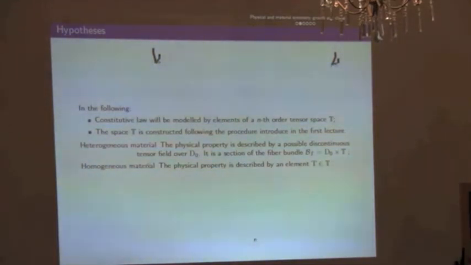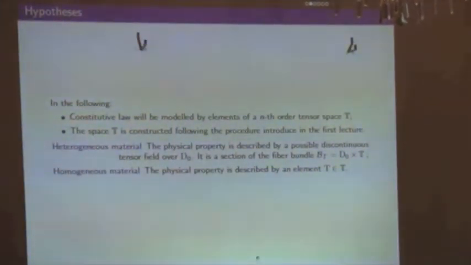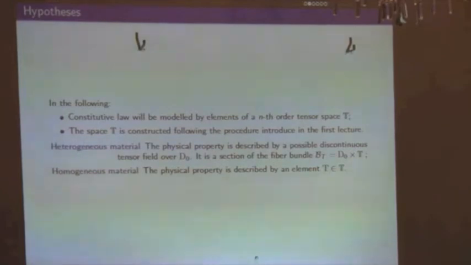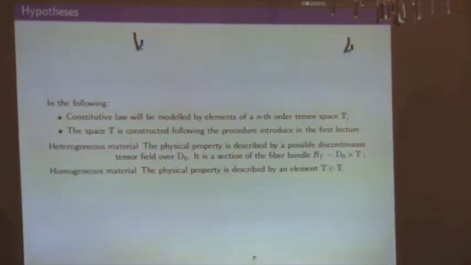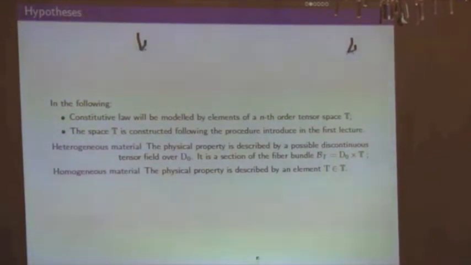Here my hypothesis is I will model tensors using the procedure I discussed in the first lecture, and my tensor will be of a finite order. I have no other precision. So I have some finite order tensor generated from a constitutive tensor space, doing some symmetric tensor product and tensor product.